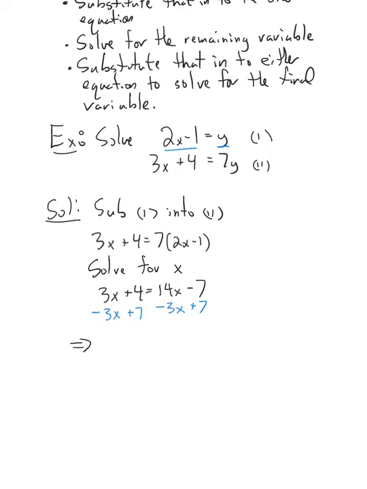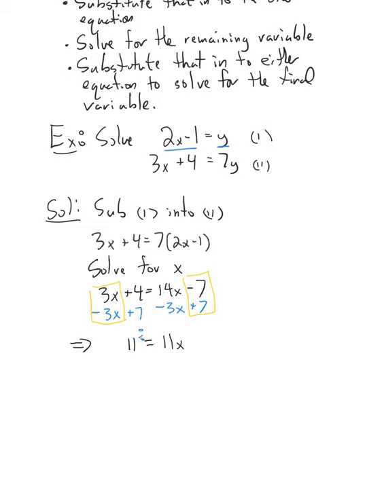3x minus 3x is 0. 7 plus 4 is 11. 14x minus 3x is 11x. And minus 7 plus 7 is 0. And I expected these guys to be 0 because I subtracted 3x from both sides and added 7 to both sides expressly to get rid of those on one side. So I know that those are going to be 0. So I just have to solve this bit here.